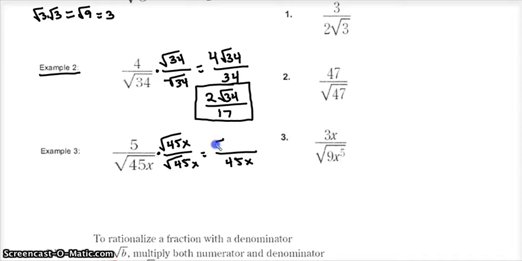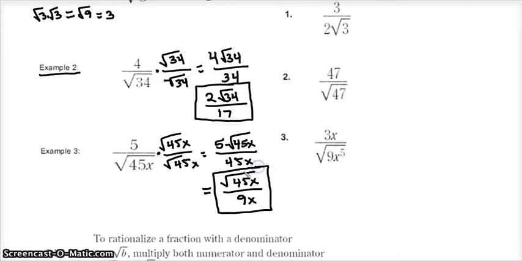And on the top, I get 5 times the square root of 45x. 5 and 45 have a common factor of 5. So my final answer is the square root of 45x all over 9x. That's my final answer, fully simplified.